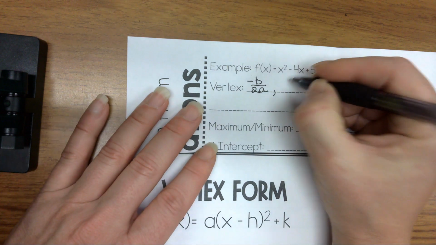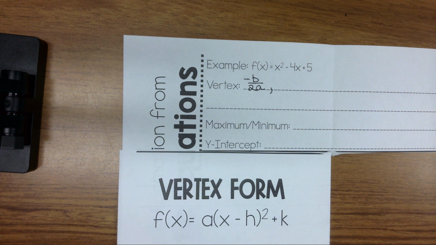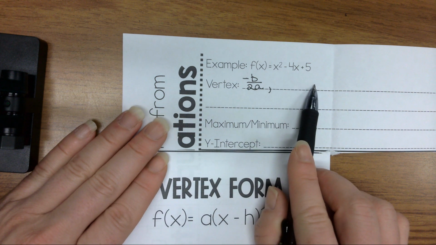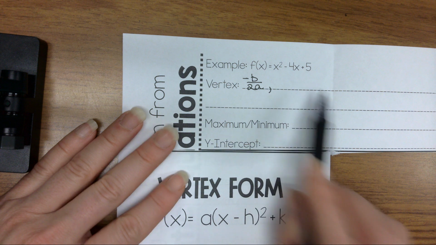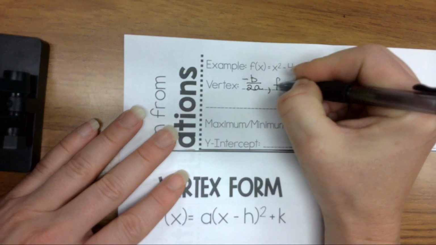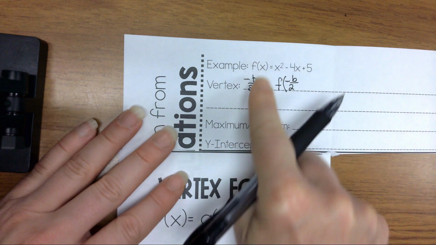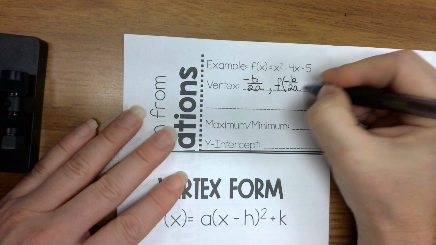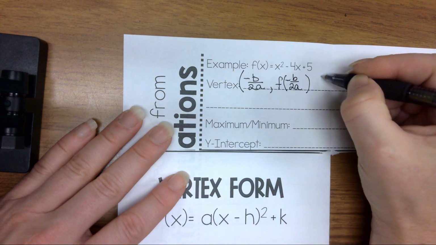Now, if you know yourself better, if you want to write "plug it in" because you know what that means, that's fine. I'm going to write f of negative b over 2a, which just means you're plugging it in. So that's our general equation for the vertex.